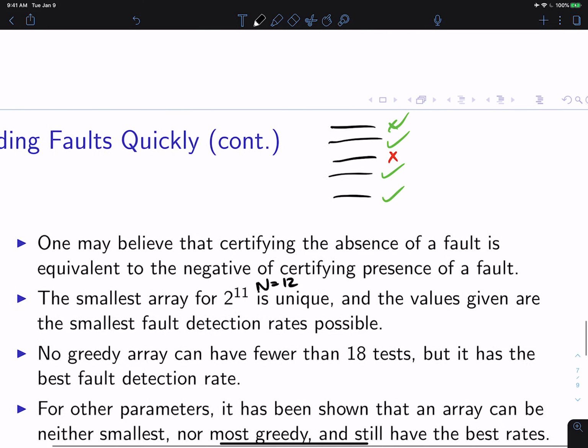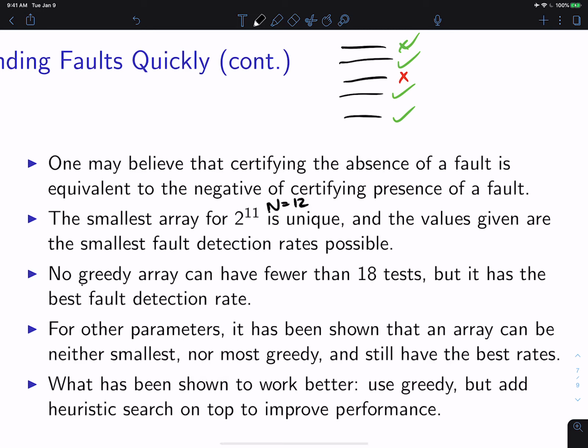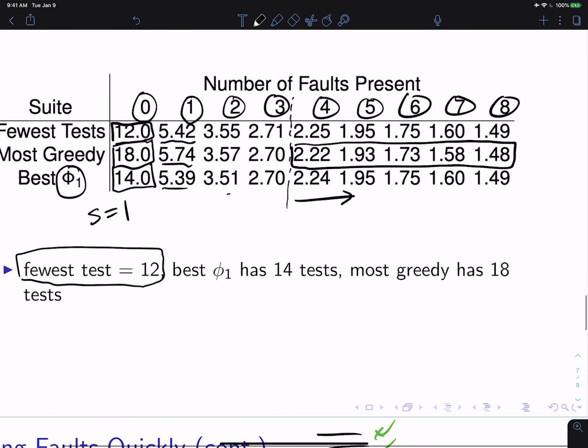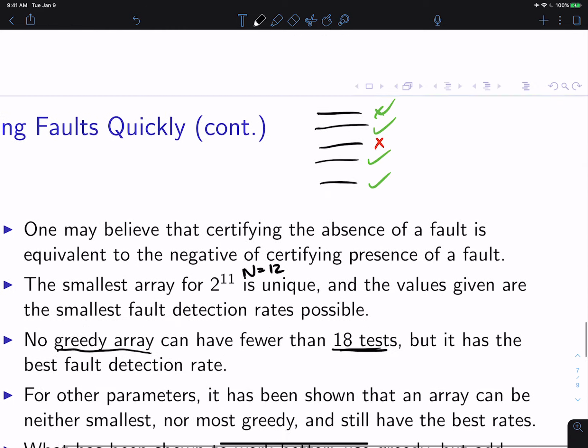And for the greedy array that has more rows, so it has 18 tests instead of 12, based on this table up here, it has the best detection rate because from 4 faults on, it has the smallest one.